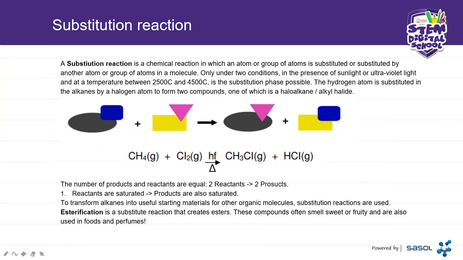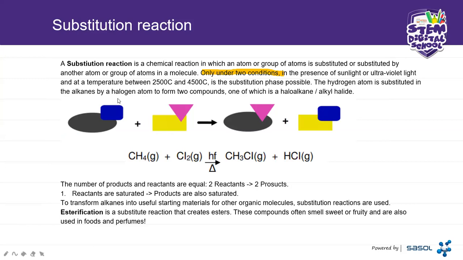Only under, I need to highlight this, I didn't highlight it before, it says only under 2 conditions can a substitution reaction take place. So that's what they want now in that question. In the presence of sunlight or ultraviolet at a temperature between 25 degrees Celsius and 45 degrees is a substitution possible.